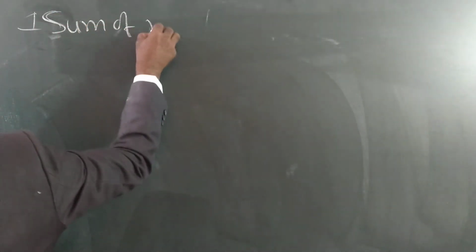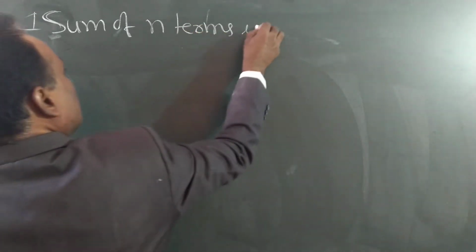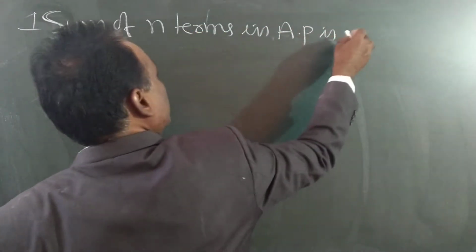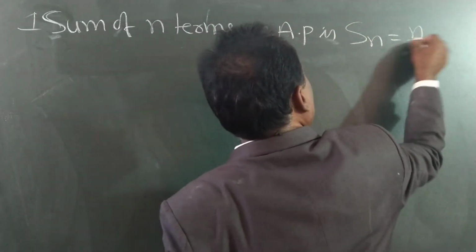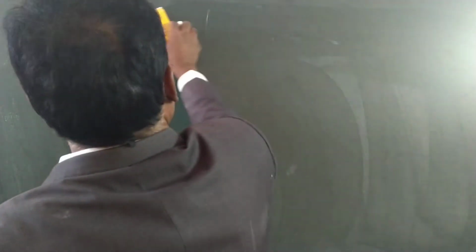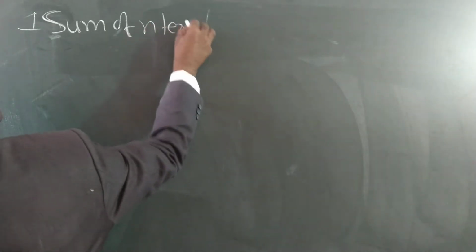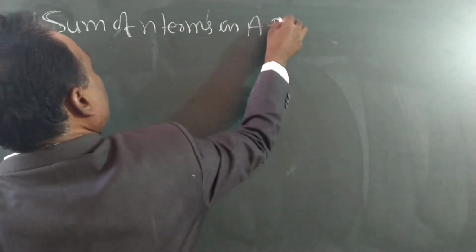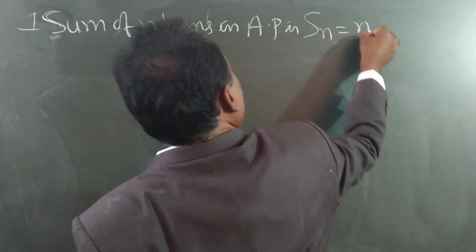Write down: the sum of n terms in AP is, this is the sum formula.